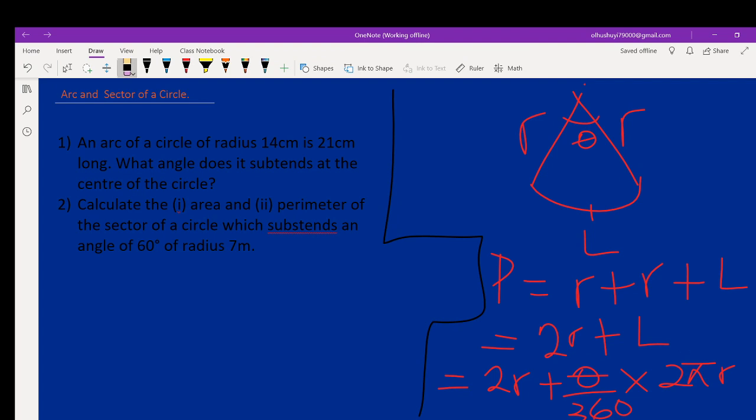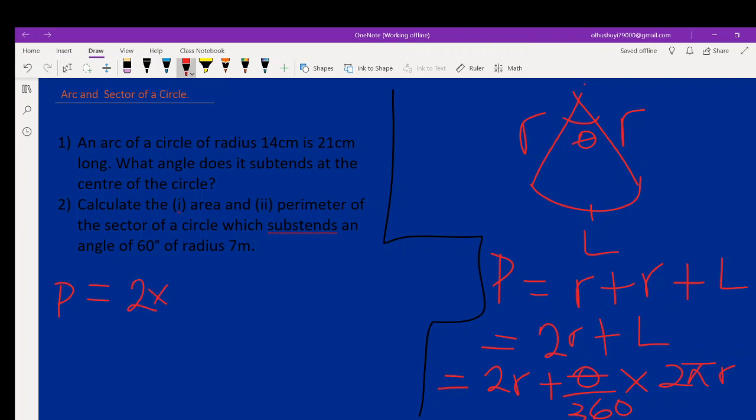So let's go and solve our question. This is the formula we are dealing with. We write out the formula for the perimeter. Our radius is 7.